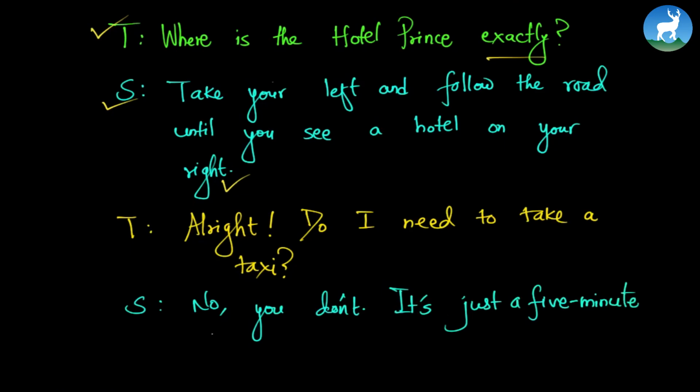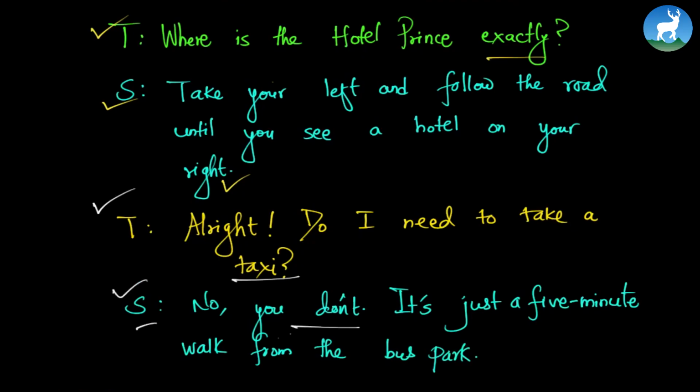It's just a 5-minute walk from the bus park. Tourist would say, alright, do I need to take a taxi? Now, student would say, no, you don't. It's just a 5-minute walk from the bus park. So, Hotel Prince is near and you don't need to take a taxi. It's easy, right? You can just walk away.